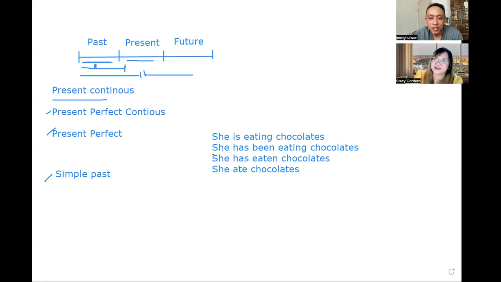Because how did you recognize that she has eaten chocolates? The wrapper. There are so many garbages. Very good. Yes. So the wrapper is empty. Right. And she has chocolate on her face. That's nice. That's really good.